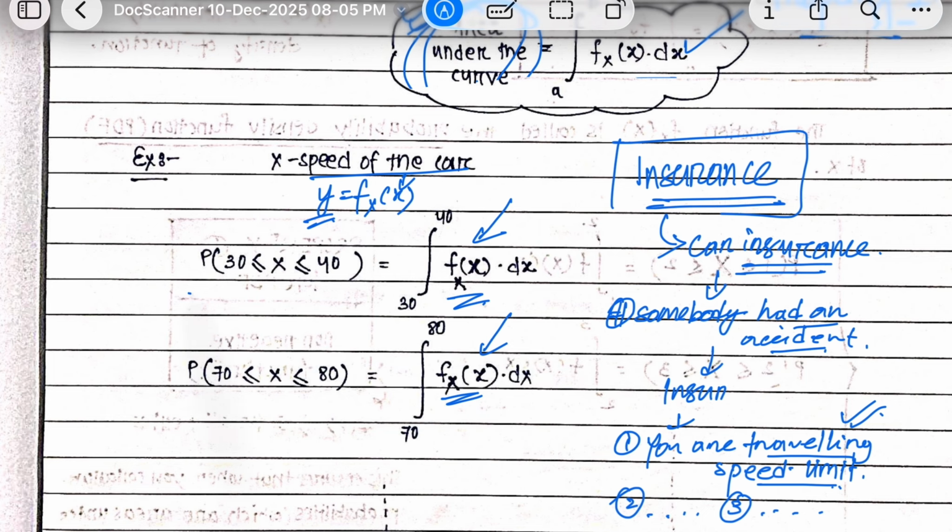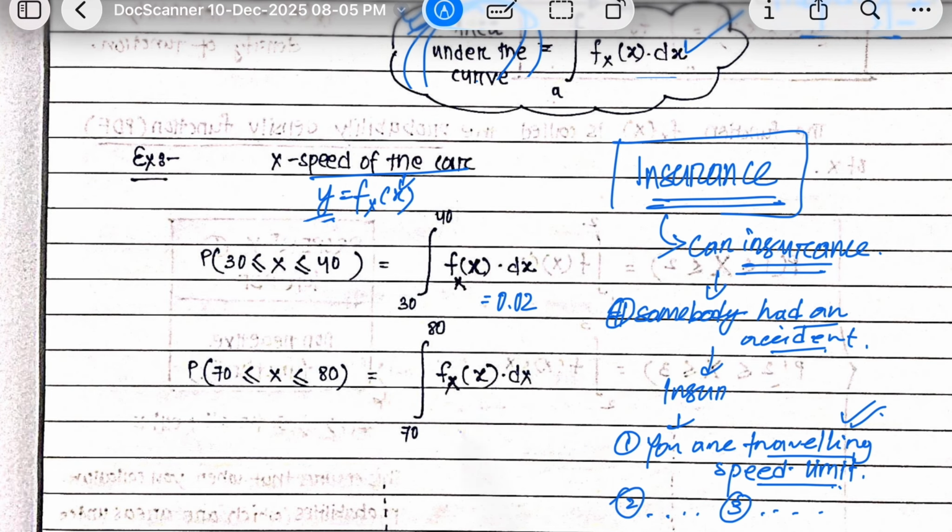So if you want to check whether the car is traveling between 30 to 40, I have told you how to calculate that. You need to integrate from 30 to 40 of that function f of x dx. Then you will get a value. Suppose this value is 0.02.